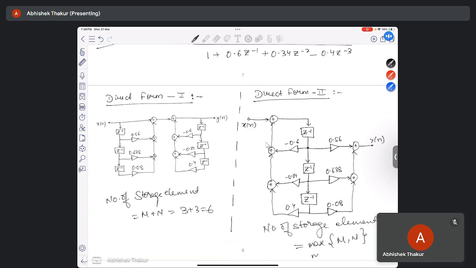So max of 3 comma 3 is equal to 3. Whatever is the maximum of m or n, that is the number of required storage elements in this. So this is the direct form 2 representation. There is another, cascade realization, but we will not study that today. Now we'll solve some questions based on this.